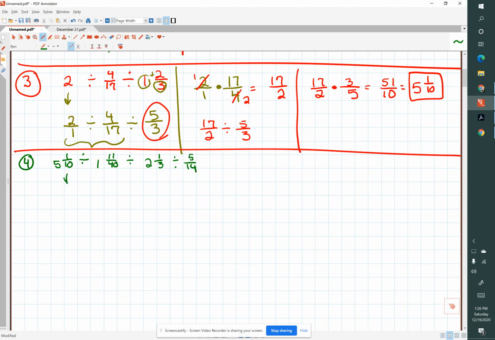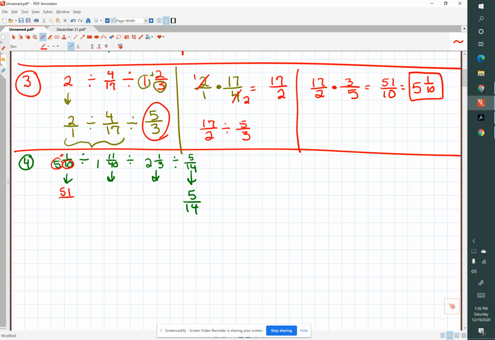Okay, let's start making our conversions. The 5/14 is ready to go. That's already in fraction form. So let's look at 5 1/10. Well, 5 times 10 is 50 plus 1.